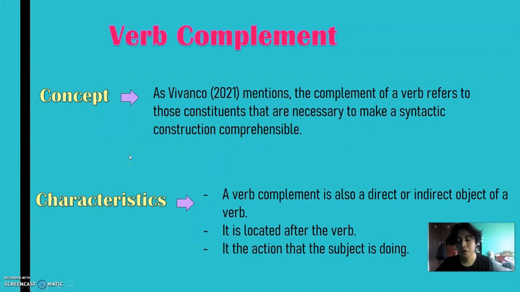And a characteristic is that a verb complement is also a direct or indirect object of a verb. This part is very important. Next, it is located after the verb, and it relates to the action that the subject is doing.